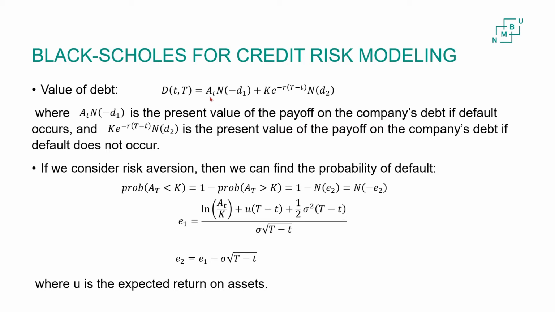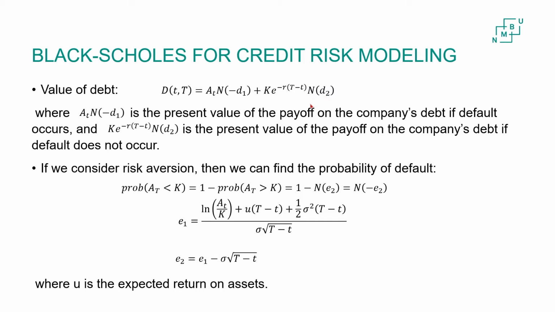So the asset at time t times the cumulative normal distribution function based on the value negative D1, plus the face value of the debt discounted by the risk-free rate times the cumulative normal distribution based on value D2.